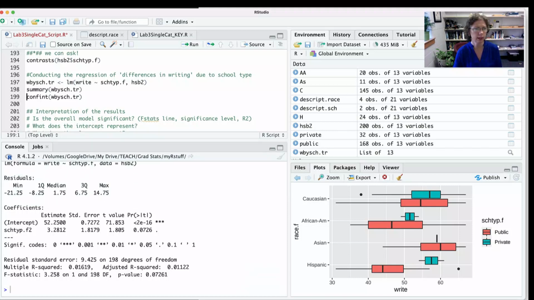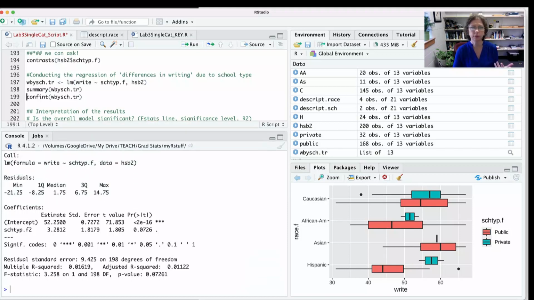And this is where I have all of the information for that F-stats line. We have the F value, we have the degrees of freedom, we have the p-value. We also have the effect size, the multiple R square, right there. So that is the information we need to report the overall model.